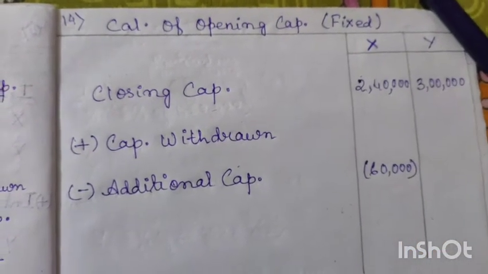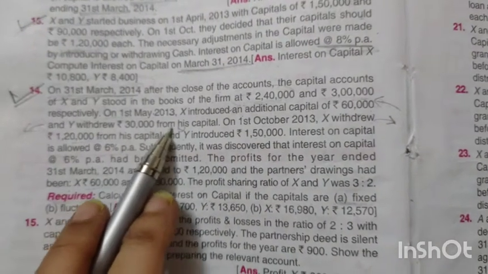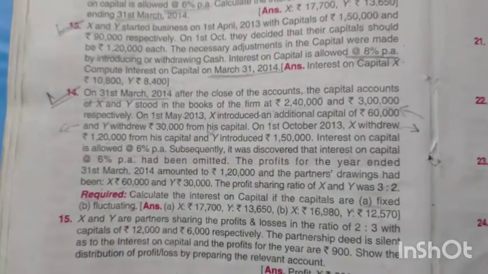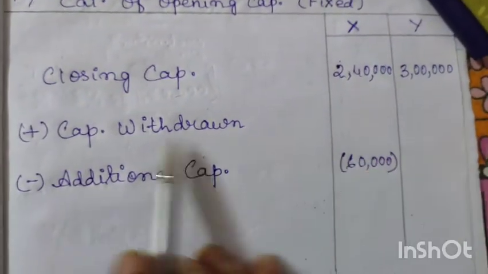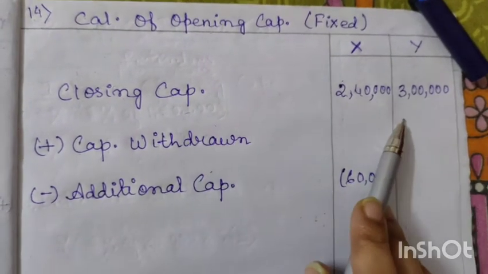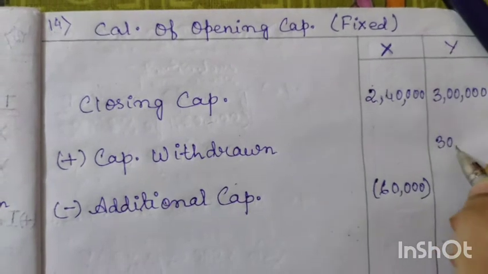Now next, and Y withdrew 30,000 from his capital. So this 30,000 we will write in Y's column in capital withdrawn. So see, add capital withdrawn. So in Y, how much Y has withdrawn? 30,000.